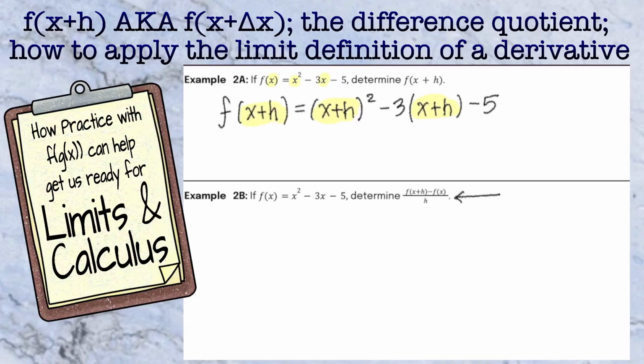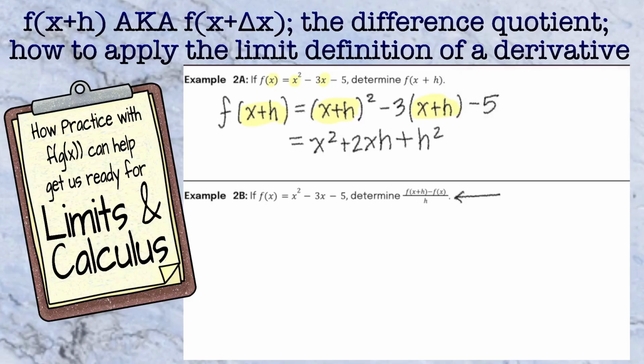So we want to get this all expanded properly. What is the proper way to do that? Well, I'm not going to go into detail about this first part because I went over that in the last video. So we have x squared plus 2xh plus h squared.